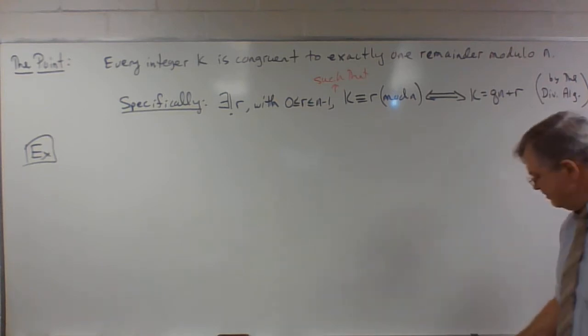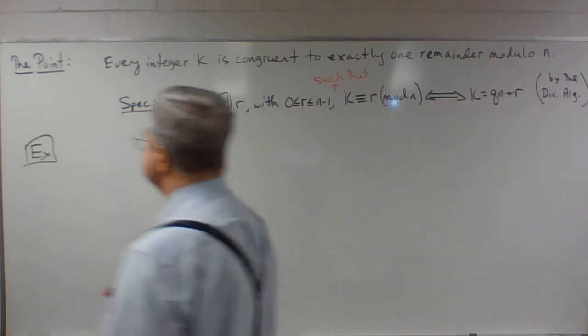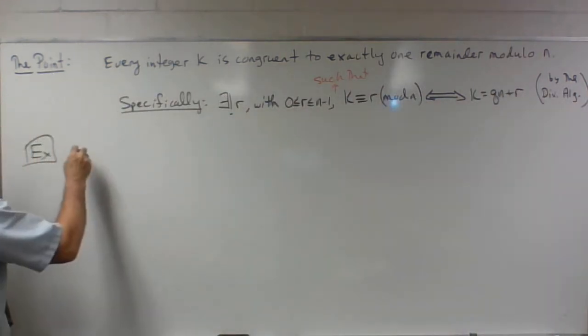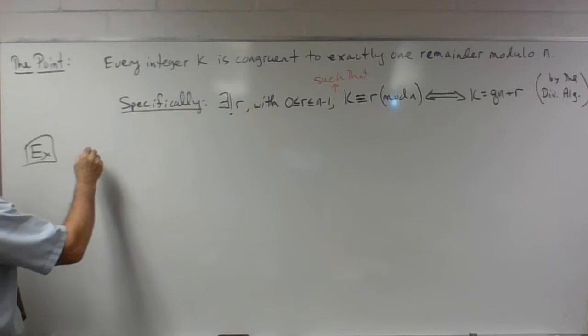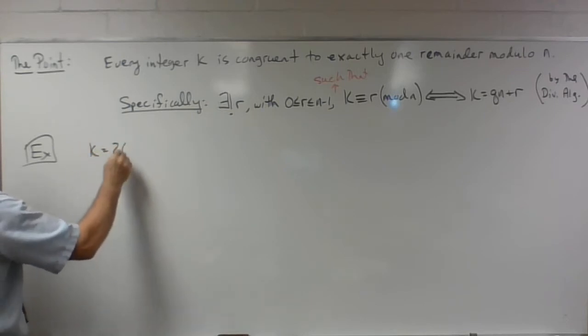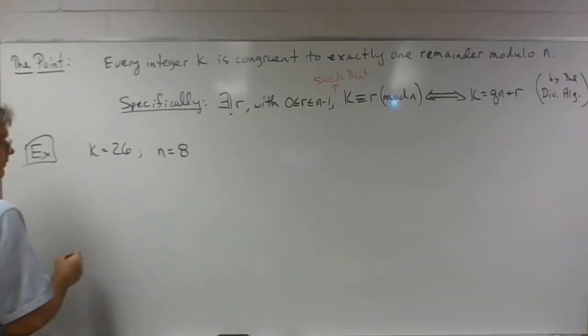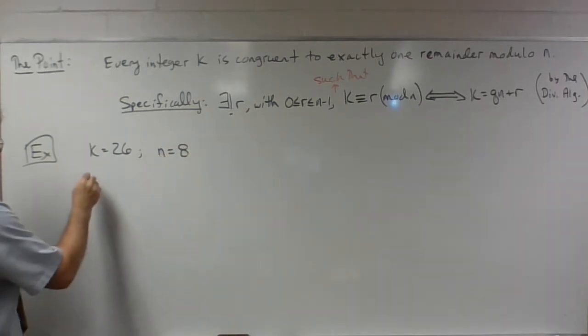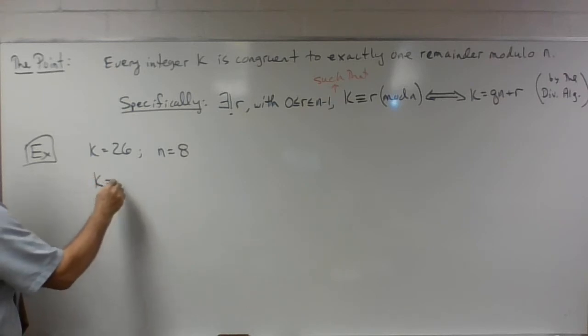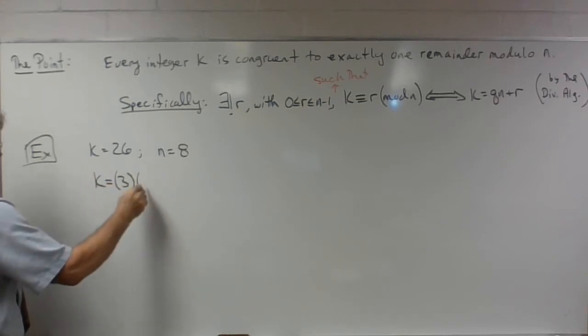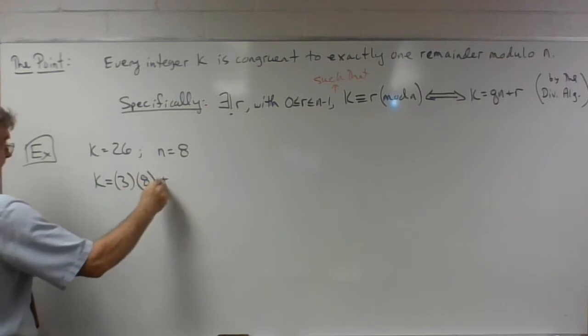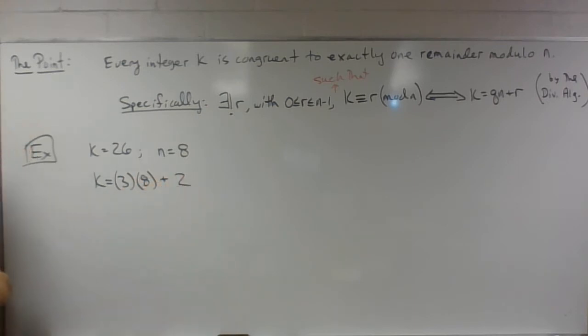So let's look at a couple of examples. Let's say that k equals 26 and n equals 8. By the division algorithm, we get k equals 3 times 8 plus 2.